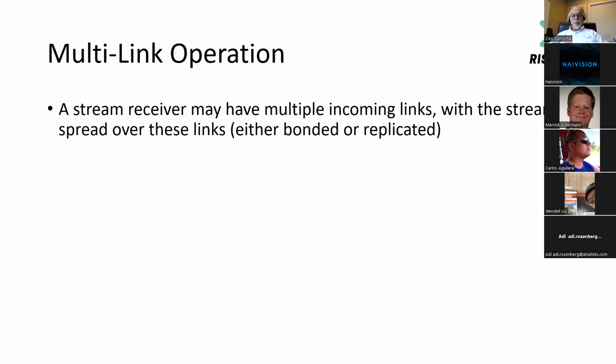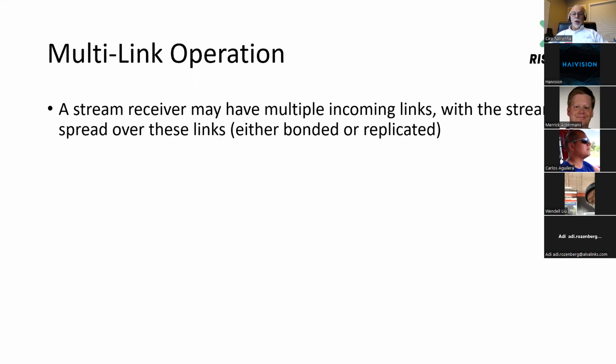Okay. I'm not going to talk about protocols here because this thing is done. I'm just telling you what it does, and if you're interested in the details, go download it and look at it. I also have a presentation on the internet about that. So one important thing, people think about the encoder adaptation, but one important thing that we did is multi-link operation.